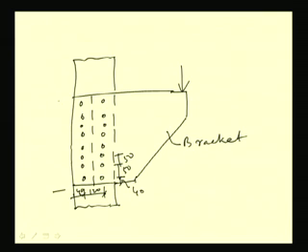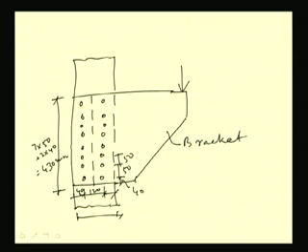So, the total depth of this will become 7 into 50 plus 2 into 40, that means 430 mm total distance. And this will become, at least, 120 plus 2 into 40, that means 200. So, this will be 200.